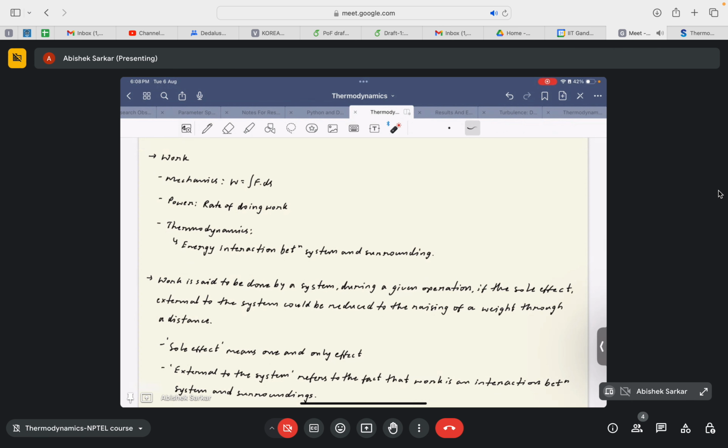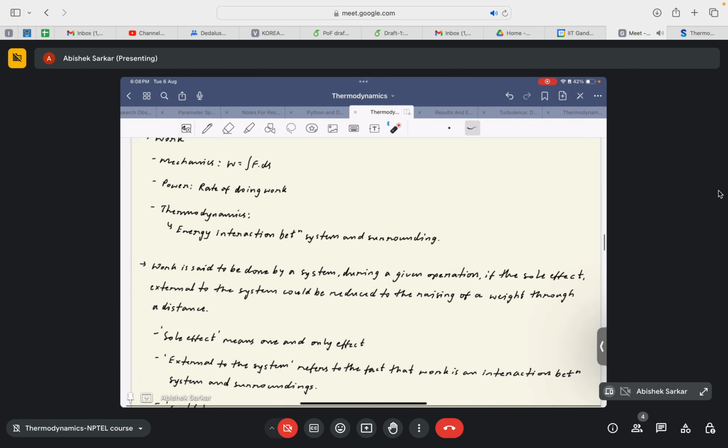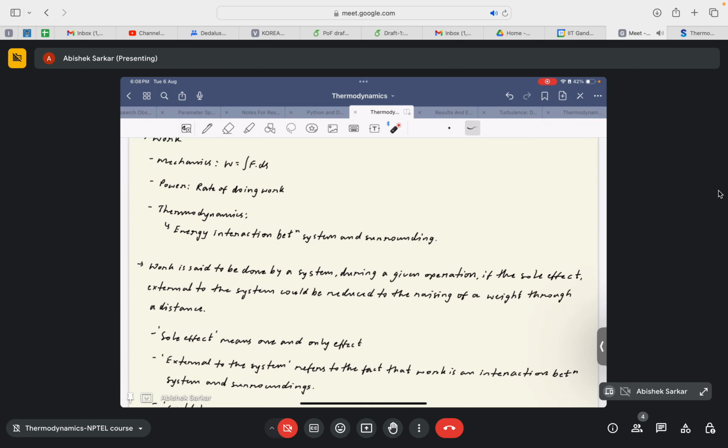The definition goes like this: work is said to be done by a system during a given operation if the sole effect external to the system could be reduced to the raising of a weight through a distance. I would like you to go through this definition once again.